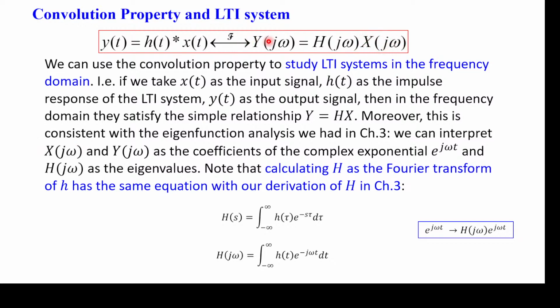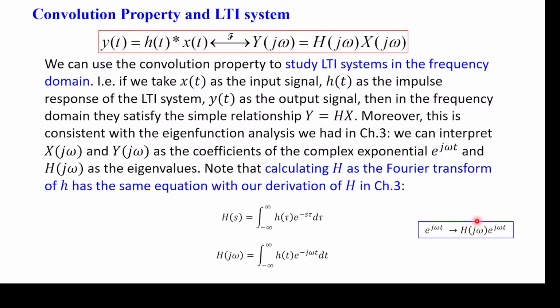So big X are like the coefficients to the complex exponential e to the j omega t. And this big H of j omega is still like the eigenvalue here, right? So if your input has a big X times e to the j omega t, then the output will be big H times big X of e to the j omega t. And so you see that big Y equals big H times big X.